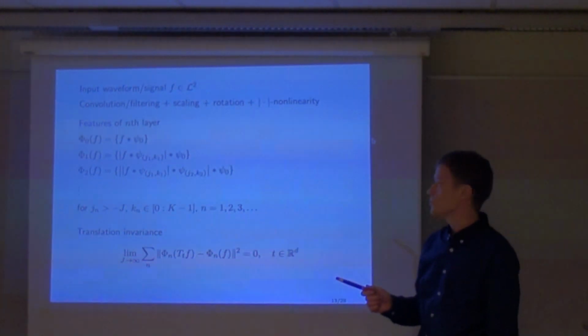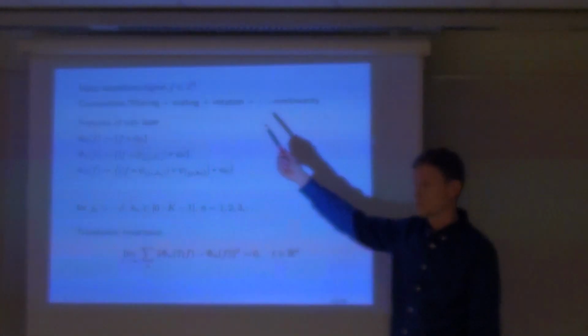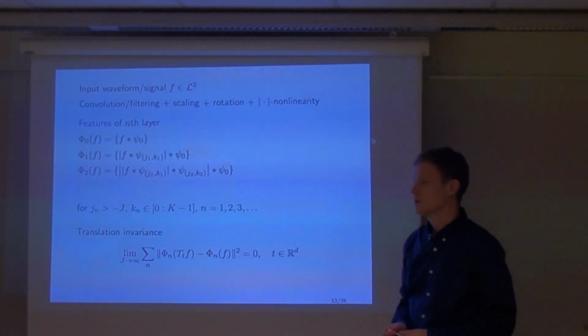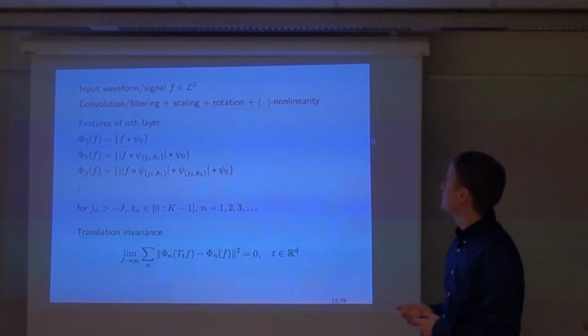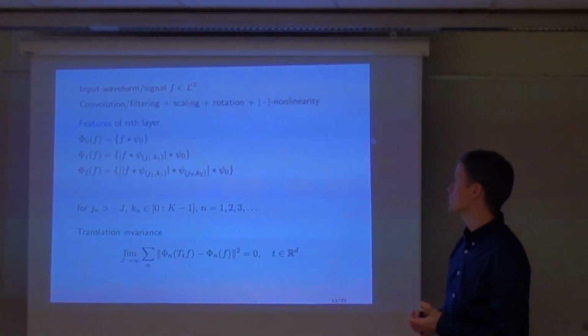And the nonlinearity used is the, what's this called? Amplitude. Yeah, complex amplitude. If it's a complex number, it's the amplitude. Modulus. Modulus, thank you. That's the word I was looking for. Modulus nonlinearity.